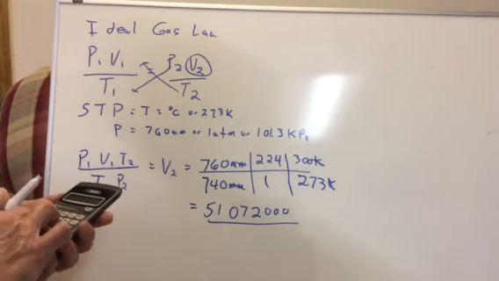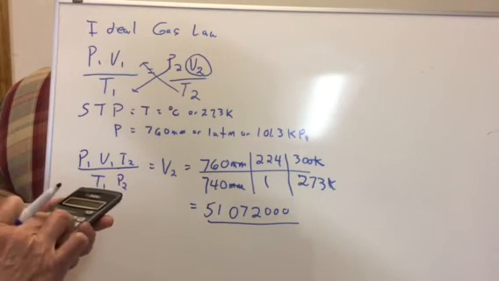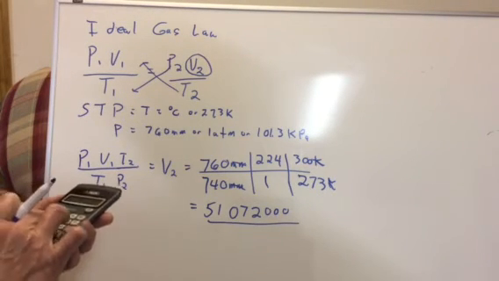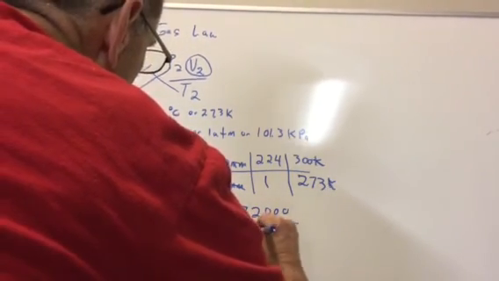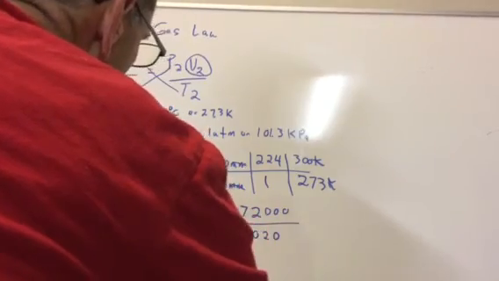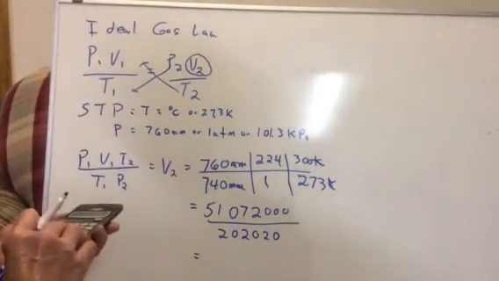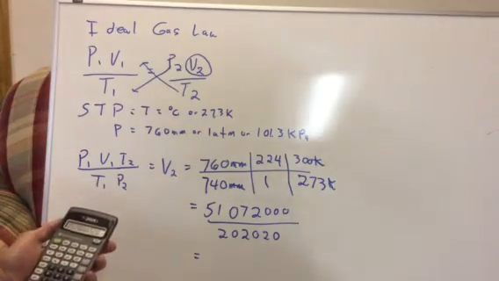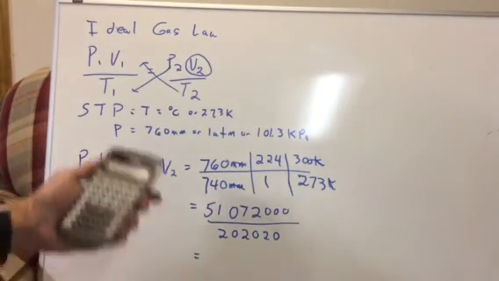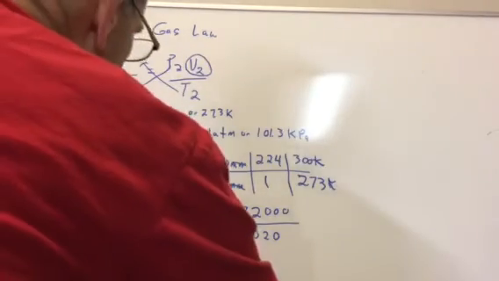And then in the denominator, I get 740 times 273. And I get another large number, 202020. Then I divide that, and I get 252.8.